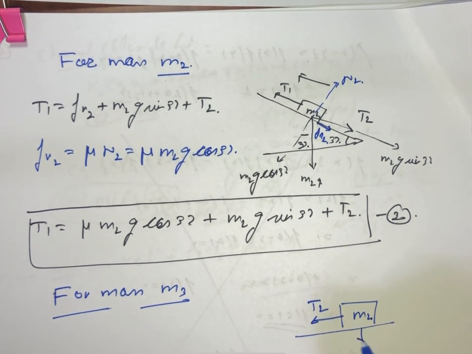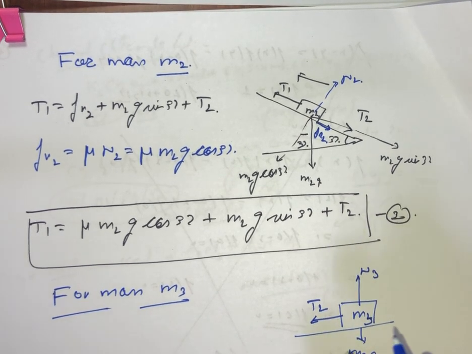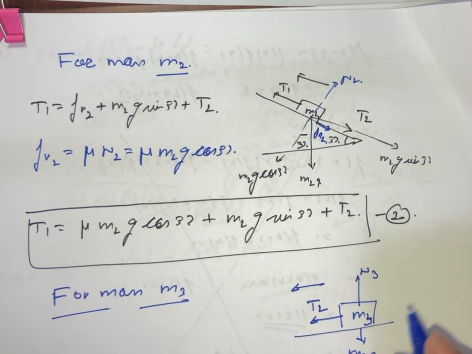In the downward direction it is going to have m3g. Let us suppose normal is N3, and it is also moving towards the right side, so friction acts in the opposite direction.